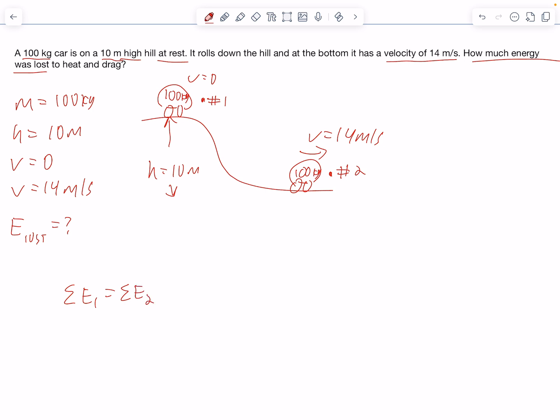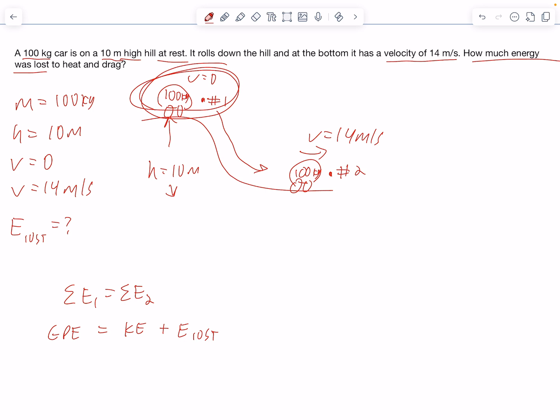At point 1, it has stored gravitational potential energy. At point 2, it has kinetic energy, but in this problem, it's saying energy is lost. So we also have energy lost at point 2. So all of this stored energy here at the top, as the car goes down, that stored energy turns into kinetic energy, and we lose the energy.